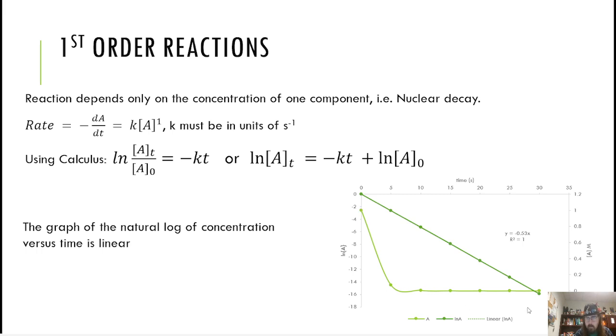But if I graph the ln of concentration versus time, I get this nice linear line. If ln of A is the y-axis and t is the x-axis, I get a straight y equals mx plus b. The b is the natural log of the initial concentration.